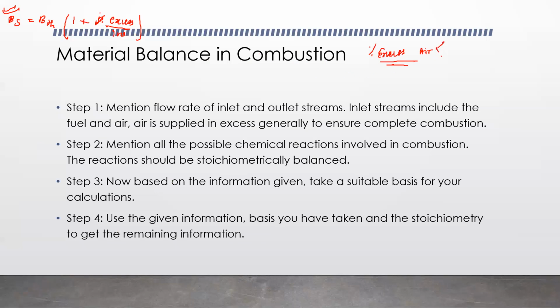So remember, air contains 21% oxygen by mole and 79% nitrogen by mole. And if we go by weight, this was by mole. So if we go by weight, then it contains 23% oxygen and 77% nitrogen. All right, that is the weight percentage.